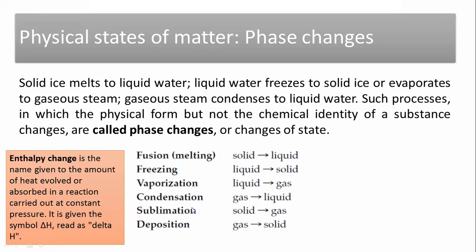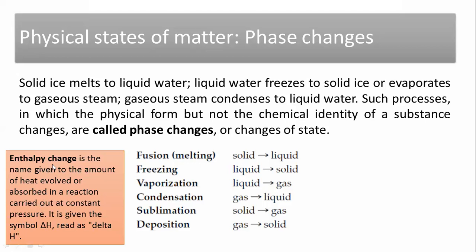Actually, I am going to explain all these processes with the two energies. One is called the change in enthalpy, and change in enthalpy is the amount of energy that is evolved or absorbed. So this may be energy released or energy absorbed in a chemical reaction at constant pressure.